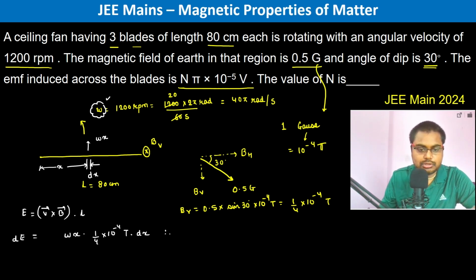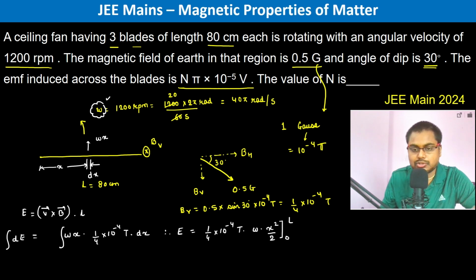Therefore the total EMF induced is going to be the integration of this, which is equal to 1 by 4 into 10 to the power minus 4 Tesla into omega x square by 2 from 0 to L, so it's going to be L square by 2. So 1 by 4 into 10 to the power minus 4 Tesla into omega, which is 40 pi radian per second, into L square by 2.